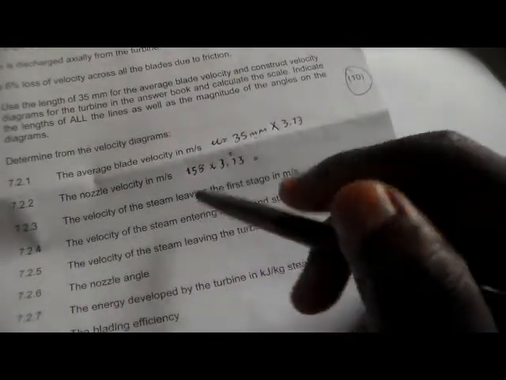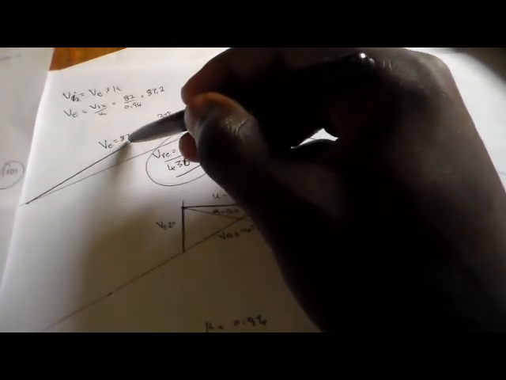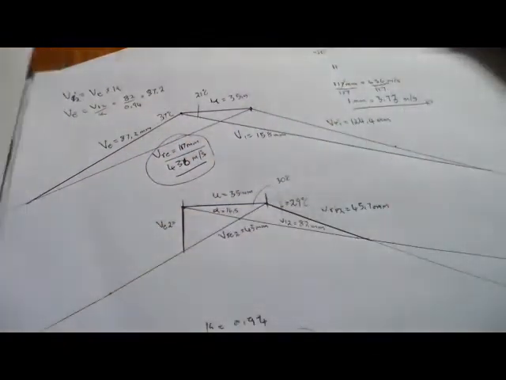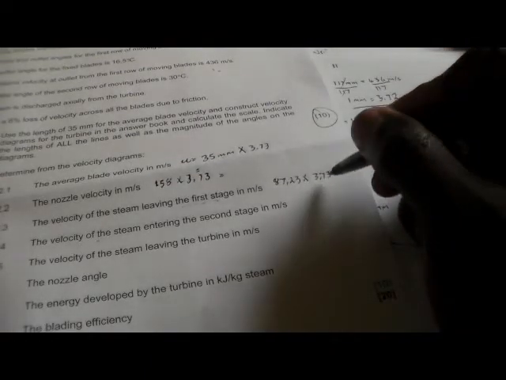Then we continue to the velocity of the steam leaving the first stage, which was 87.2 millimeters. We multiply by our scale to get it in meters per second.